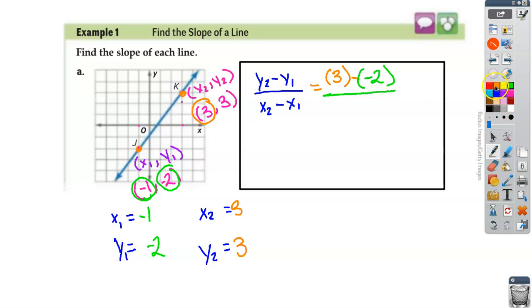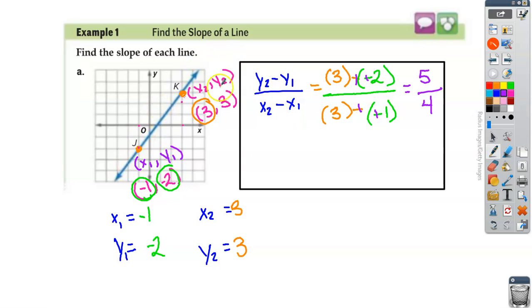Over my x2, which again is 3, minus my x1, which is -1. Now, when I have two negatives like that, those become positives. Negative times a negative is a positive. Same down here. So what this is saying is 3 plus 2 is 5. 3 plus 1 is 4.